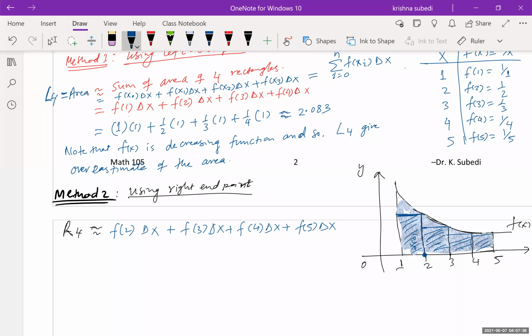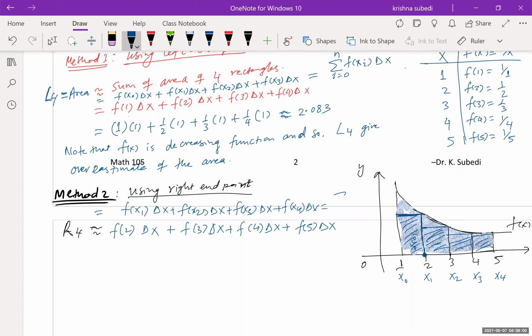In general form, you can represent that by x0, x1, x2, x3, x4, so some people write this as f of x1 delta x plus f of x2 delta x plus f of x3 delta x plus f of x4 delta x.